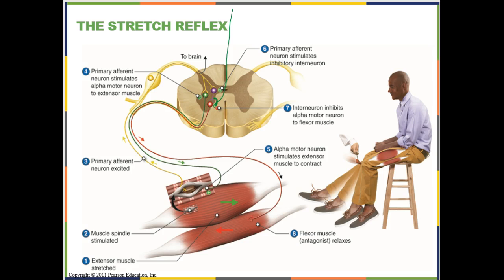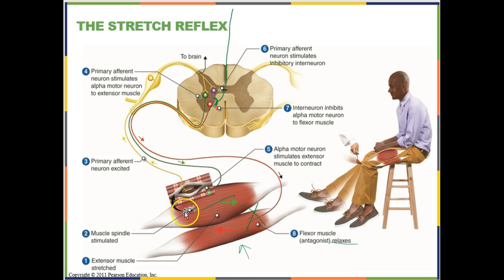This purple interneuron is going to override any stimulatory input from other neural circuits and make sure that nothing happens here, so that you only get contraction here and this muscle stays relaxed.